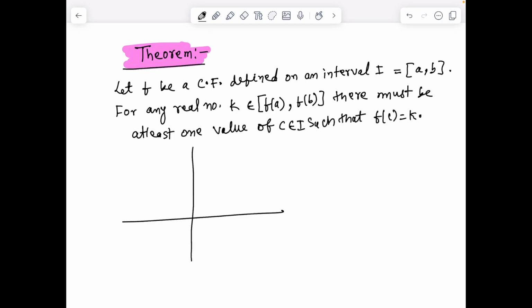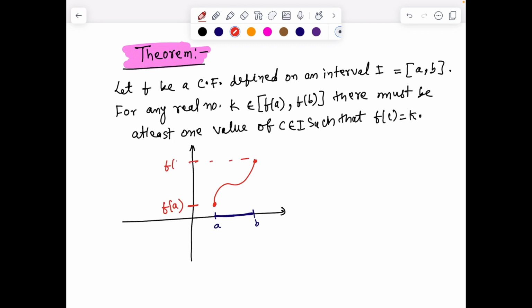Now usually when we state this theorem for JEE preparation, it's quite intuitive because we try to justify it, if not prove it, by using a graph. So let's say we have an interval a to b, both included, this closed interval, and now our function is defined in this interval. So at a, the output of the function is f(a), and at b the output of the function is f(b).